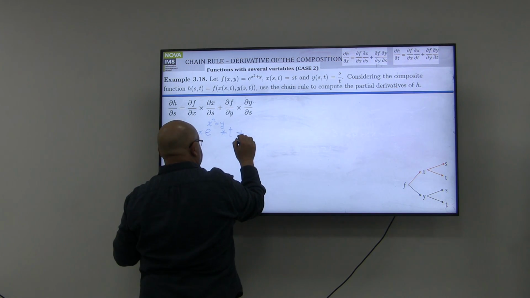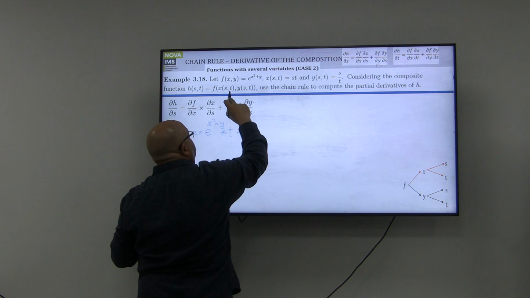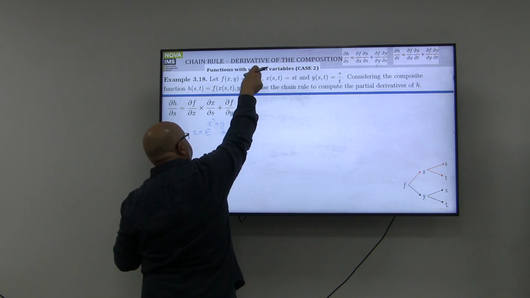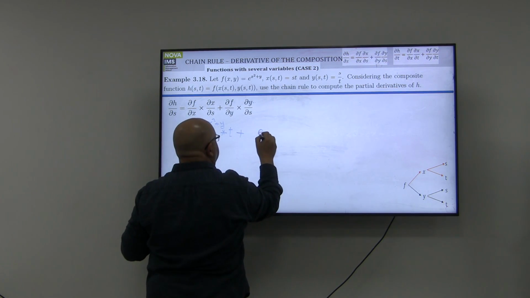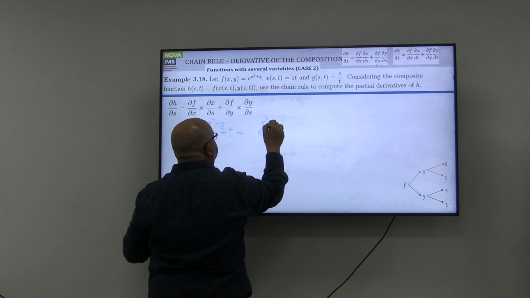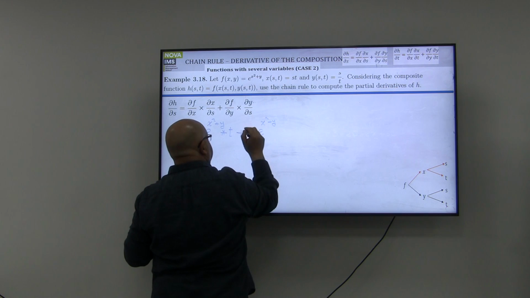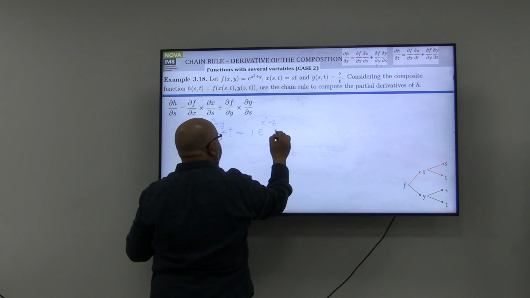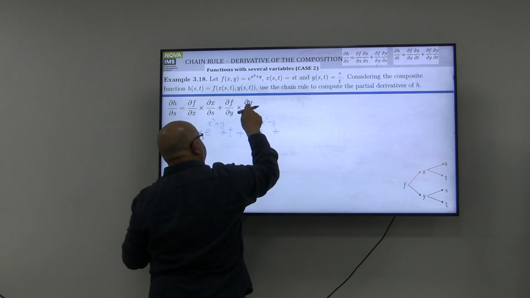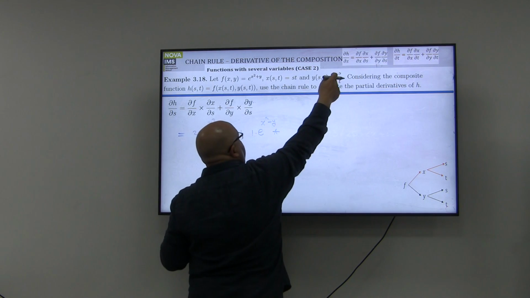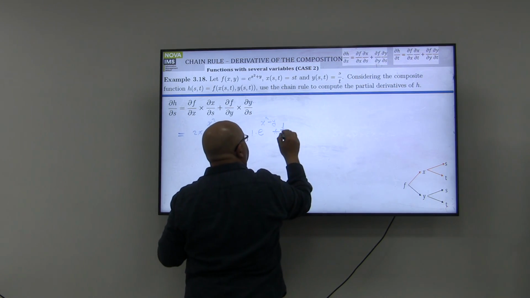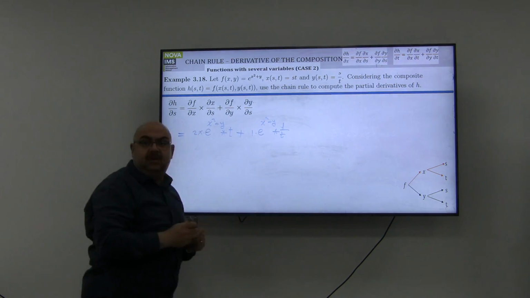Then plus. Differentiate with respect to y. I'll differentiate this with respect to y. So it's going to be the exponential function, which is e to the power of x squared plus y, times the derivative of the power with respect to y, which is 1. Then I will multiply by partial y, partial s, which is going to come from here, which is going to be 1 over t, as you can see.